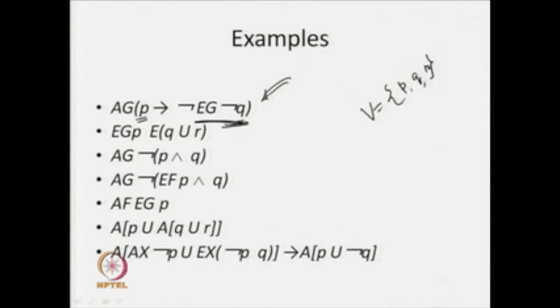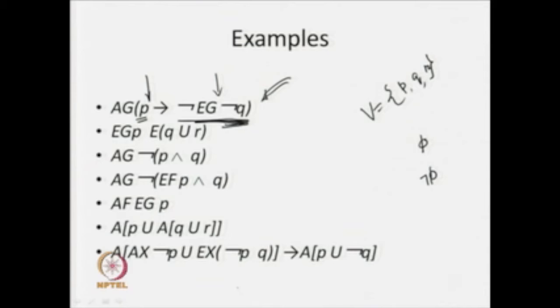If phi is a CTL formula, then not phi is also a CTL formula. So, in that case, not E G phi is also a CTL formula. P is a CTL formula and not E G not Q is also a CTL formula.